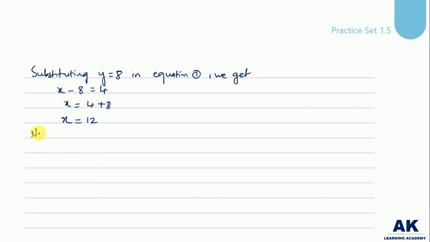Now we know that the length of the rectangle is given here.